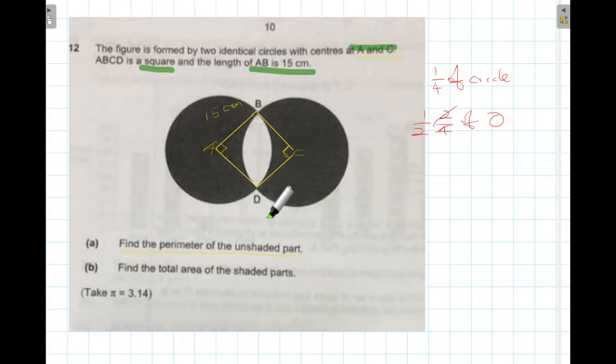And when I look from this angle, I see a square, and this portion here is a quarter of a circle, correct? Okay, so that's what we finalized.